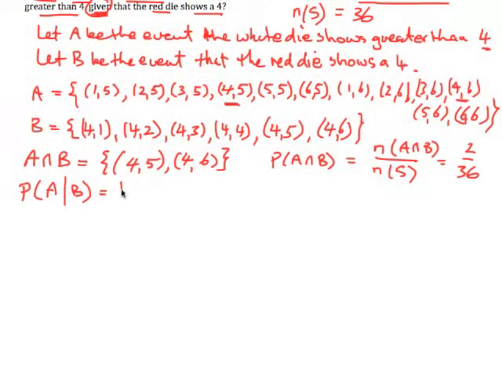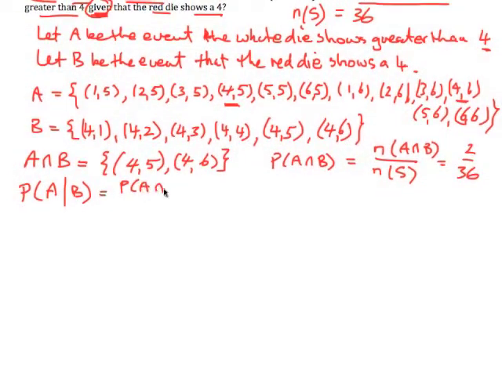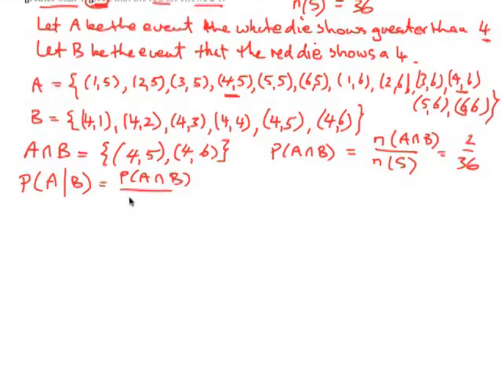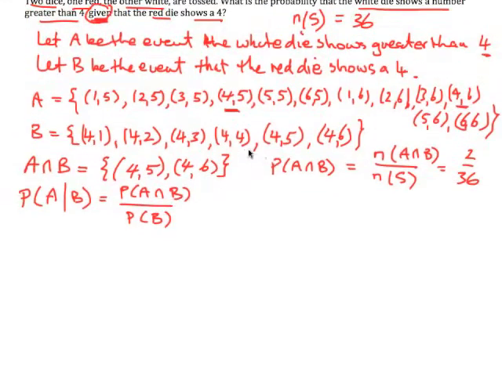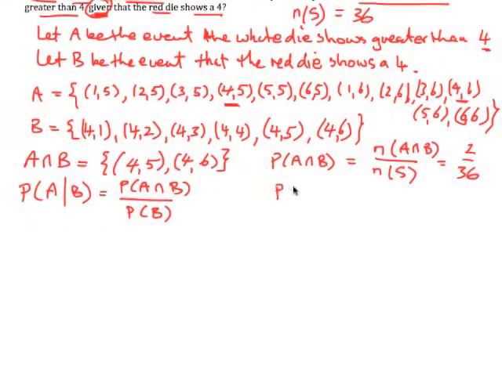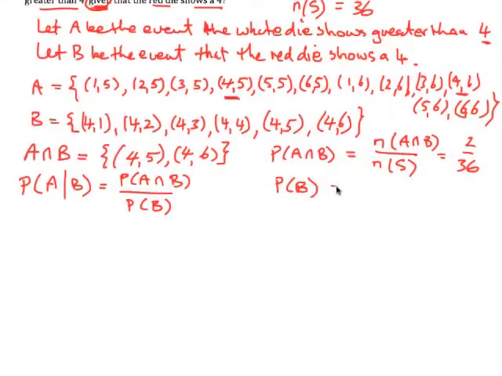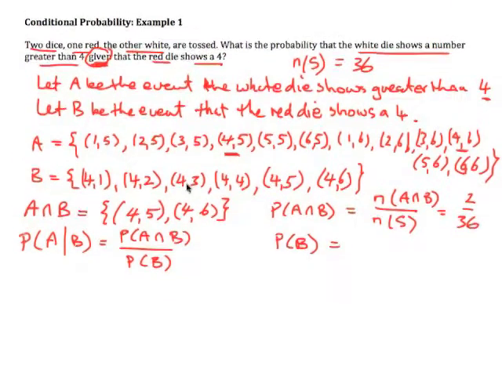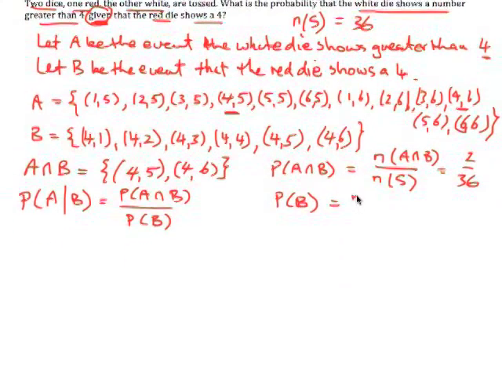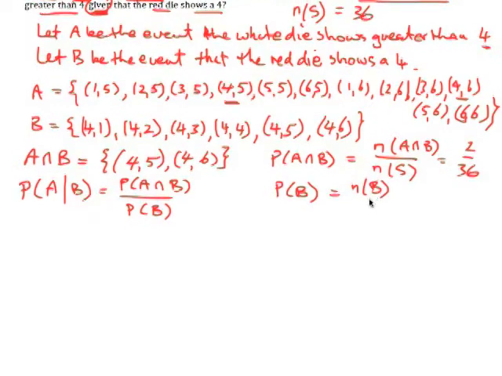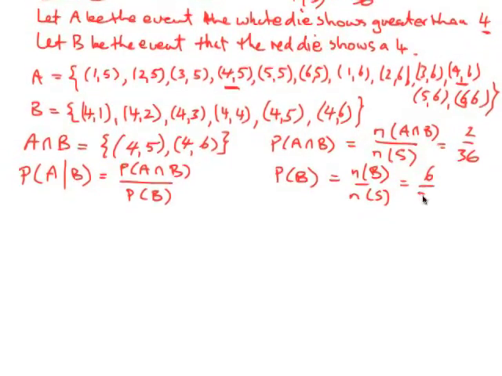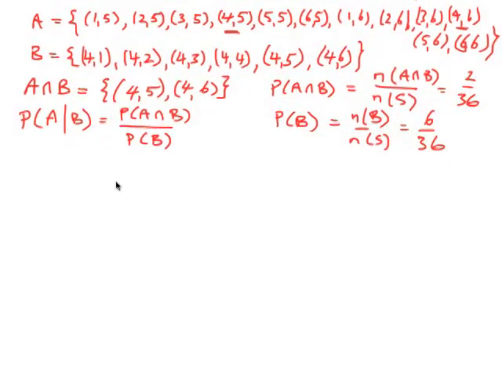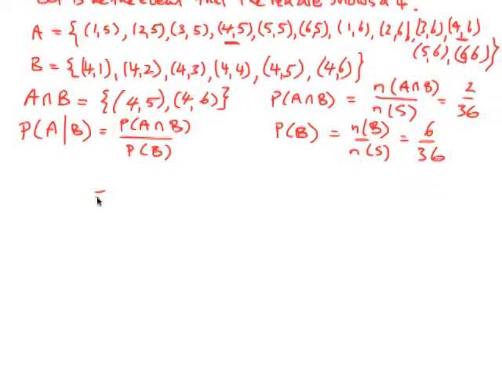So remember that this is like so. Right, so we'd like to know what the probability of B is, of course. Well, here's B, 1, 2, 3, 4, 5, 6, so it's N of B over N of S, which is going to be 6 on 36. Right, so now we can fill this in.